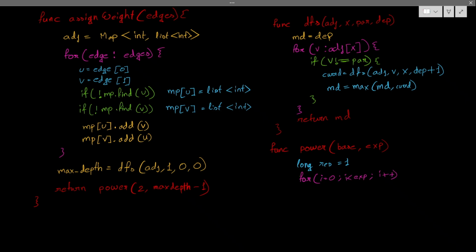So that many times I have to multiply. So result becomes result times base, and before doing that I will do the mod. So mod I have to initialize.